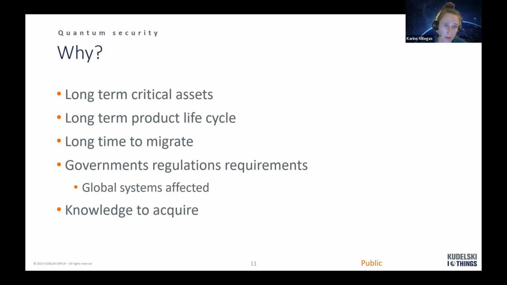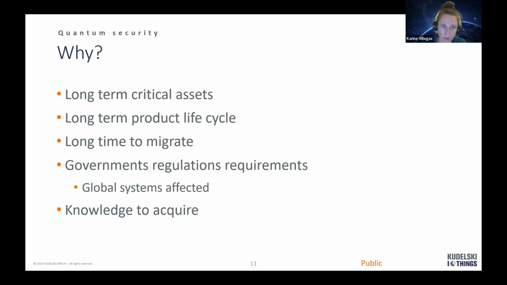We also have to consider that products have long life cycles, and we have products that are designed today and that will be in the field for 10, 15, 20 years or more. And so at this stage, we can anticipate that quantum computers able to break RSA or elliptic curves will be there.